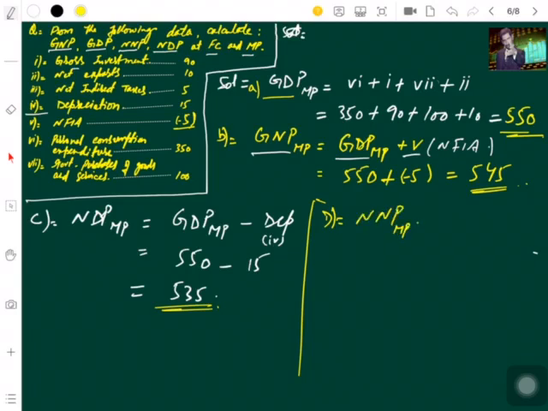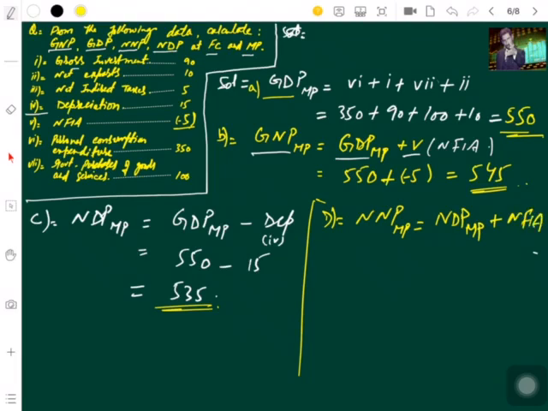Will be equal to, again we are done with NDP at MP. Got it? So NDP at MP, this is NNP at MP. Domestic and national, the difference will be NFIA. So for domestic we will have to give the NFIA.